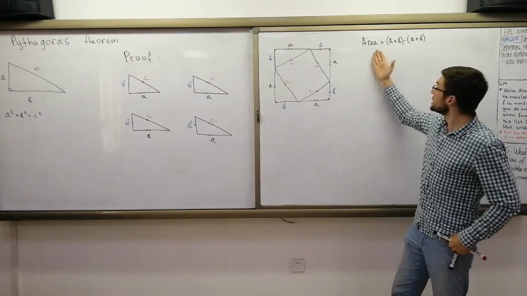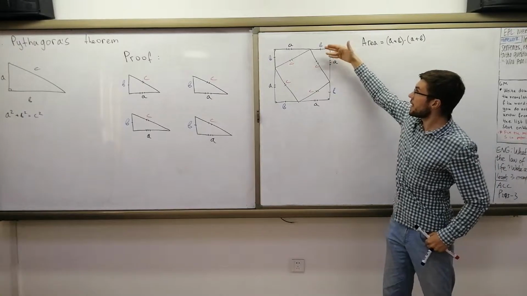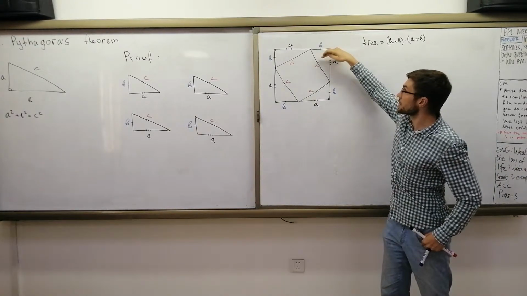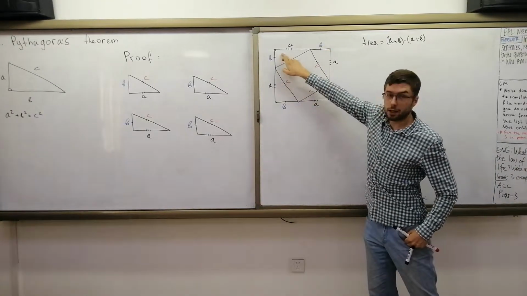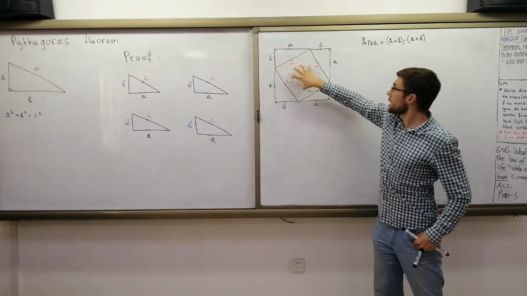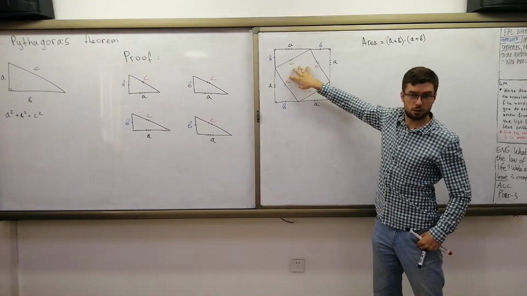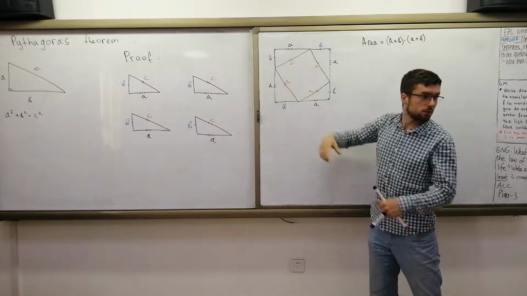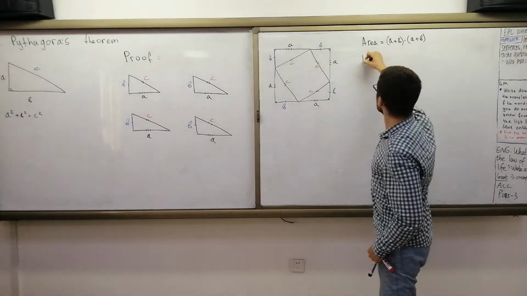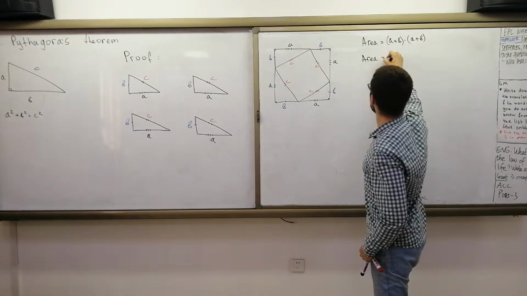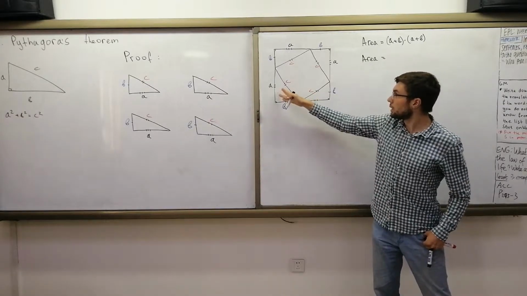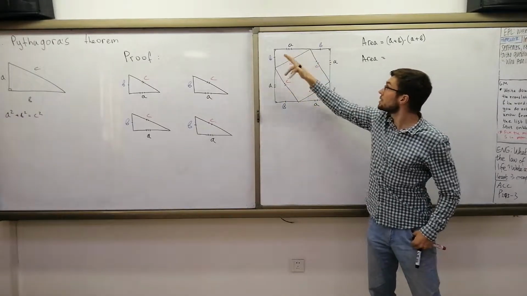I can express this area as the sum of areas of those triangles plus area of this square, right? So let's do it. On the other hand, the same area is equal to the sum of those areas.